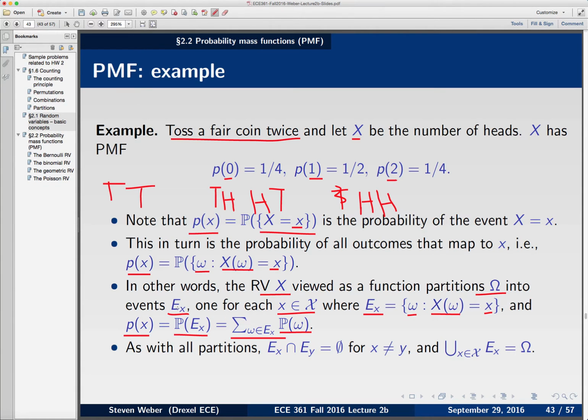Recall that E sub x, viewed as a collection, one for each x in the support, is a partition of omega. As with all partitions, if I take two values, x and y, that are distinct, then E sub x and E sub y must have a null intersection. And of course, if I take the union of those events over all elements in the support, I must get omega.